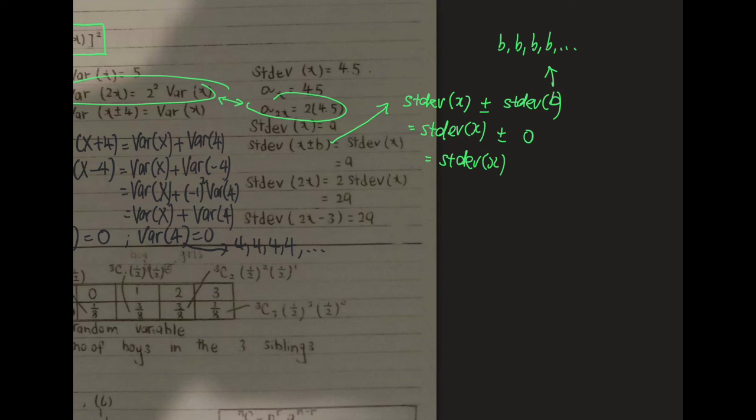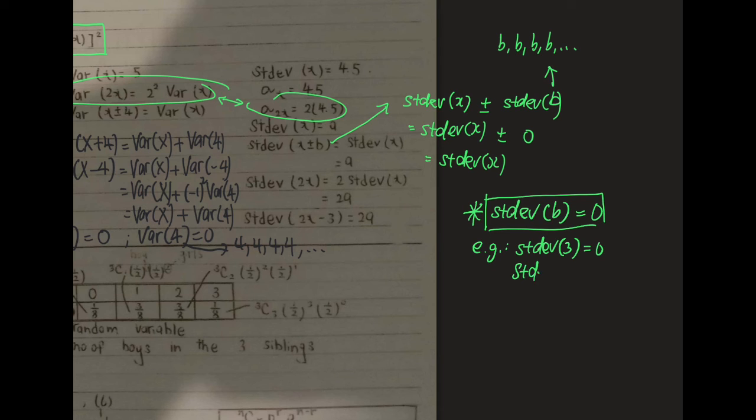Okay, so remember the concept: standard deviation of any constant is equal to 0. So because of that, standard deviation of 3 will end up with 0. Standard deviation of negative 3 also ends up with 0. So that's why this one will end up with only 2a.